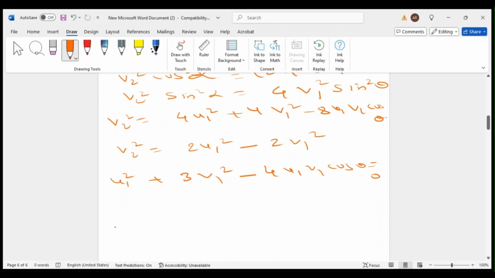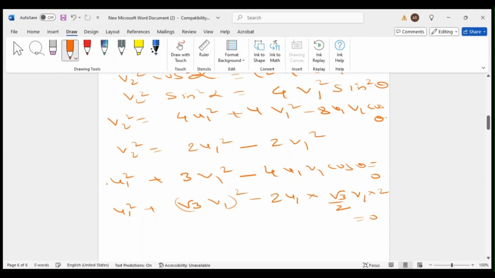Lastly, you will get (u1 minus root 3 v1) whole square minus 2 times u1 into root 3 by 2 into v1 into 2, which is equal to 0.